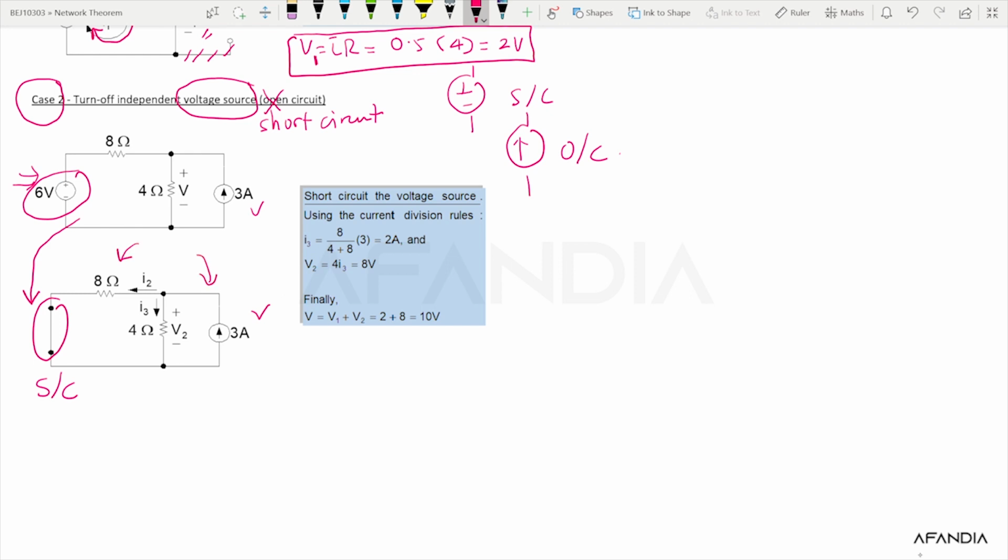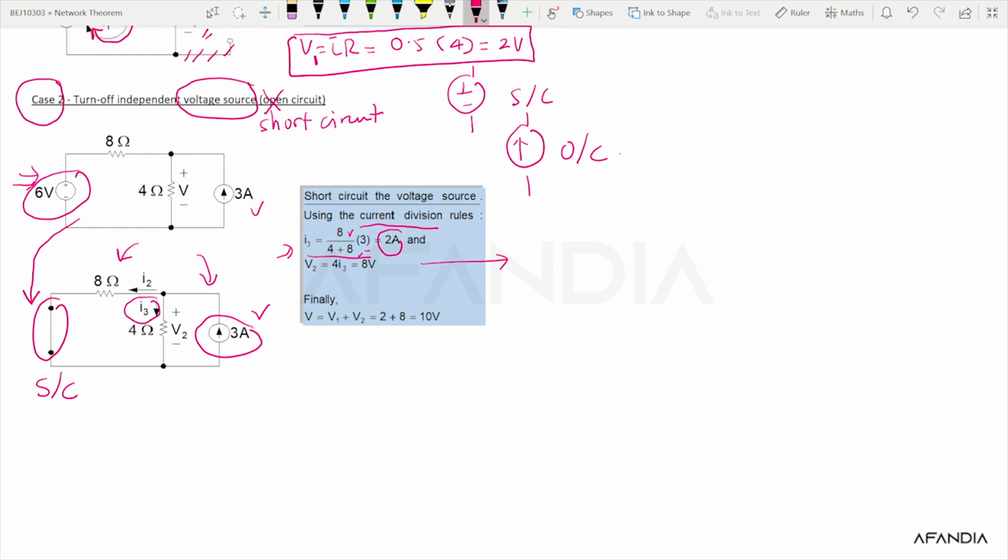You can use the current division rule to obtain the value of I3 over here. You can use this formula: I3 equals 8 over 4 plus 8, multiplied by 3, which is the total current. Then you obtain 2 ampere for your I3.